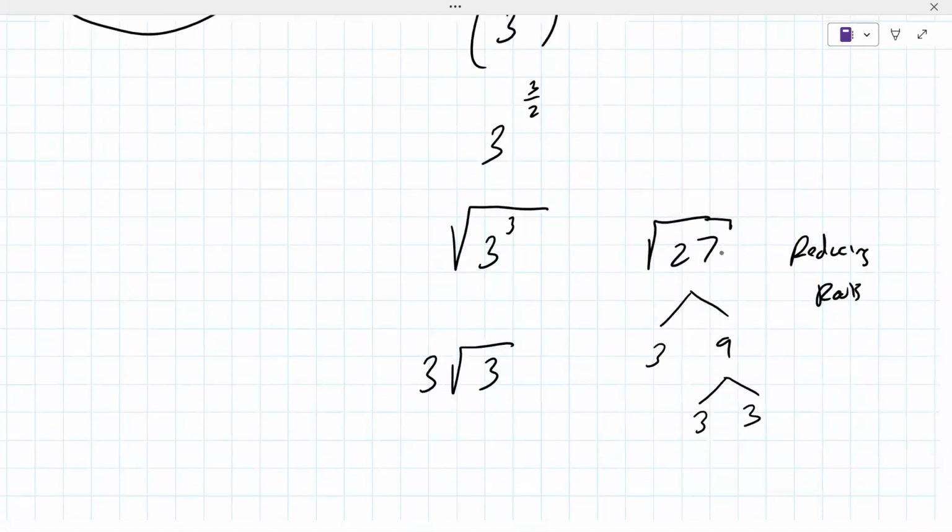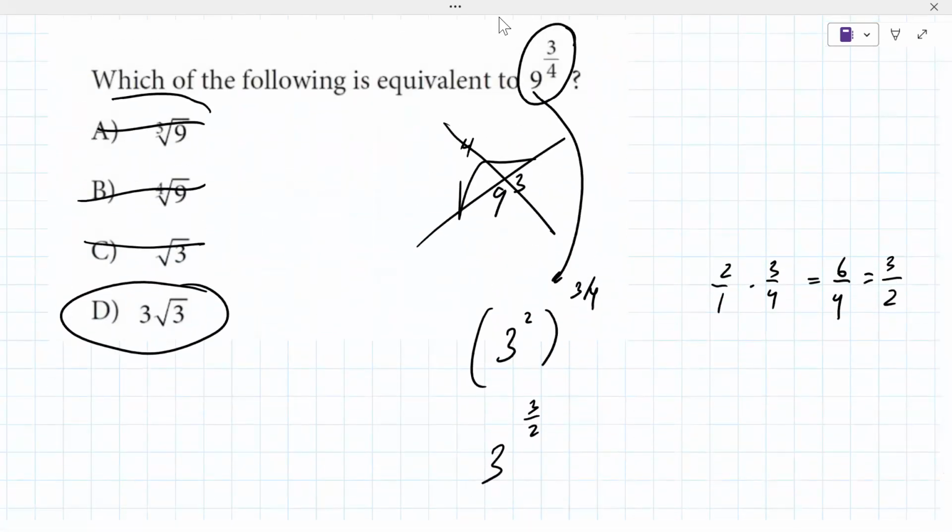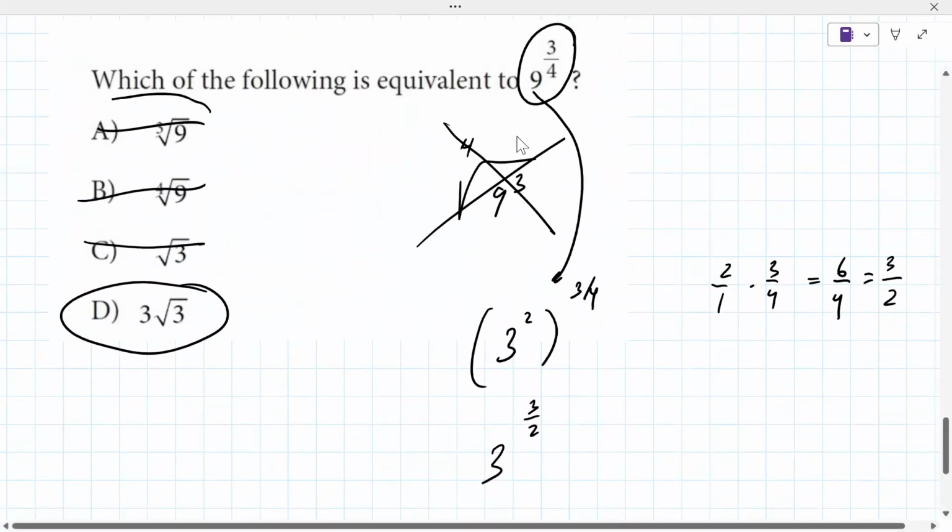And the square root of 9 is 3. Okay. Is this a hard problem? No, it's not. It's just that it's weird.